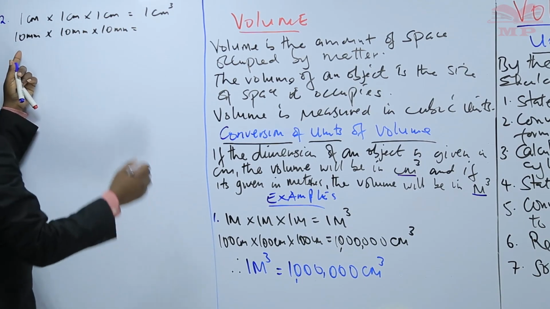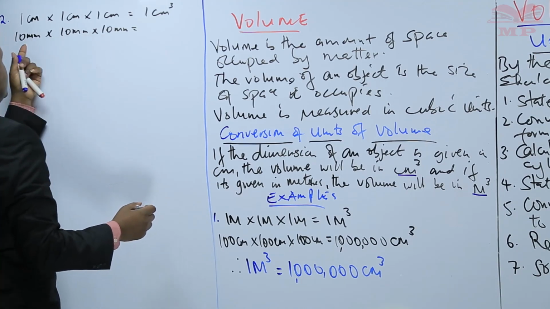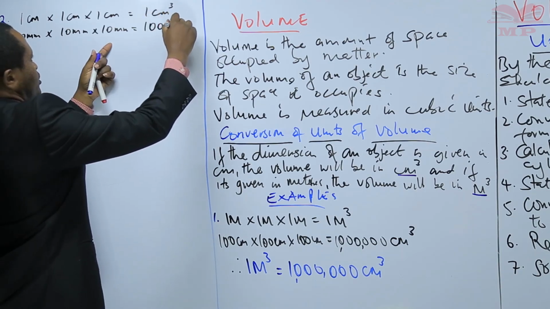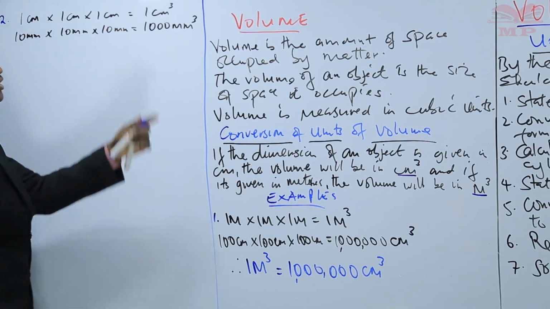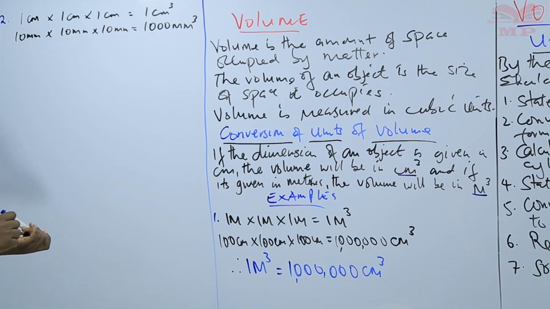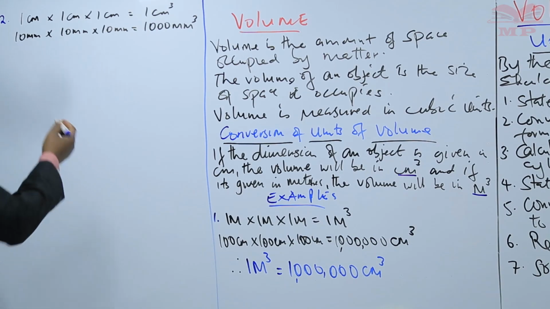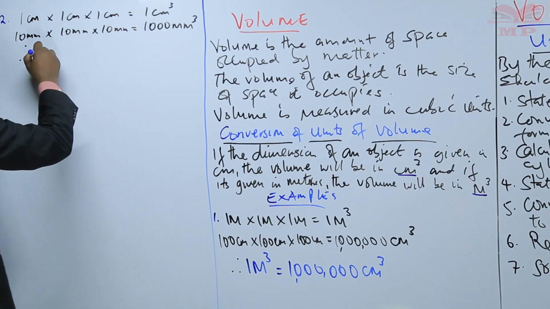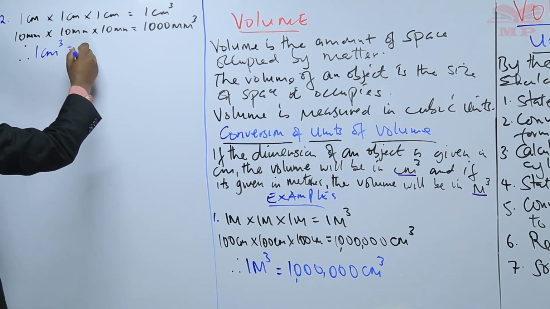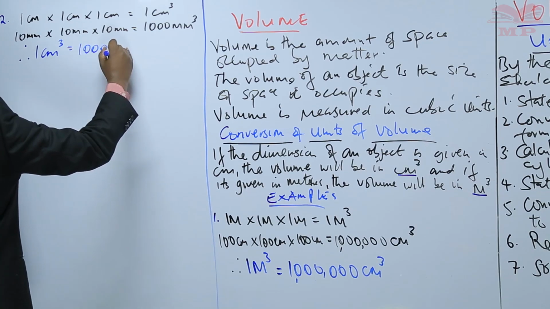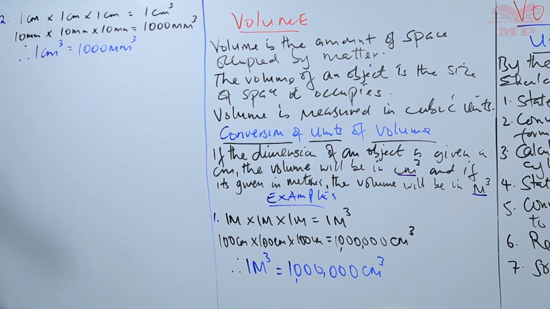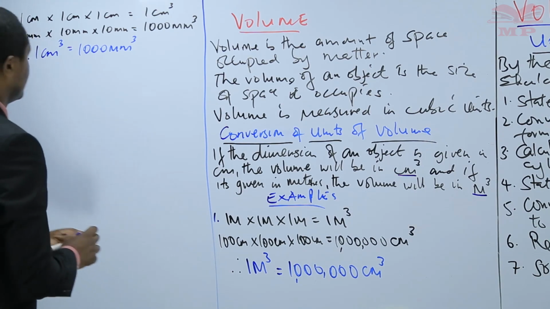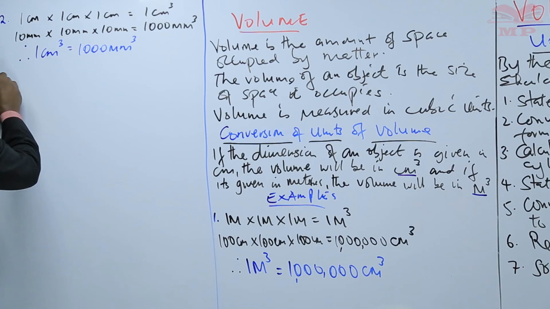This will give us 10 times 10 times 10, which is equal to 1,000 cubic millimeters. Therefore, learners, 1 cubic centimeter is equal to 1,000 cubic millimeters.